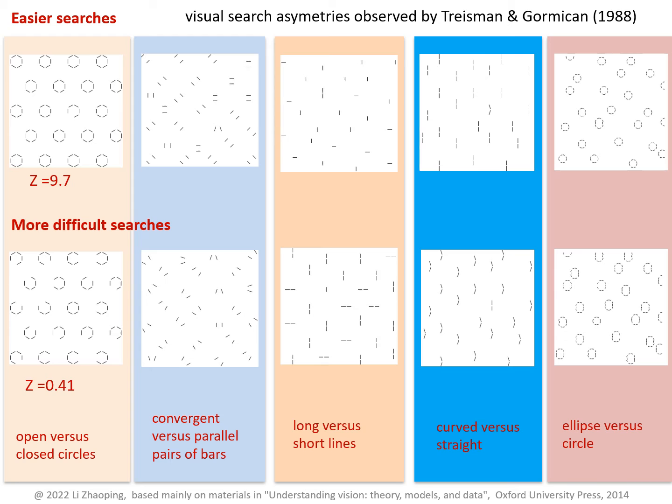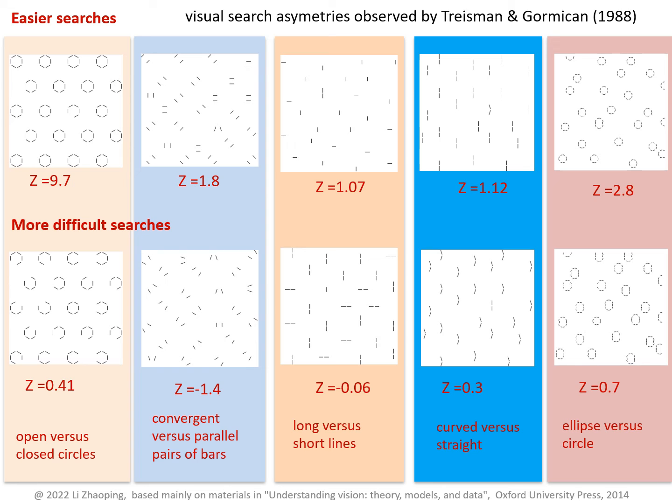And in all these 5 pairs of searches, the model gives a higher z-score to the easier one in each pair of 2 searches. And so for all these qualitative agreements to happen coincidentally, the chance is much smaller.